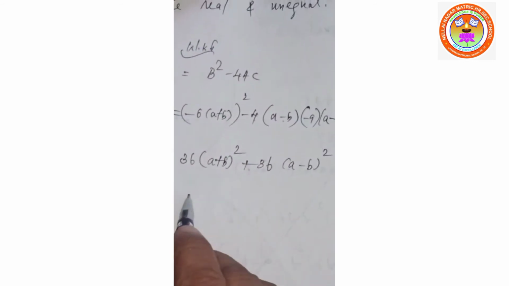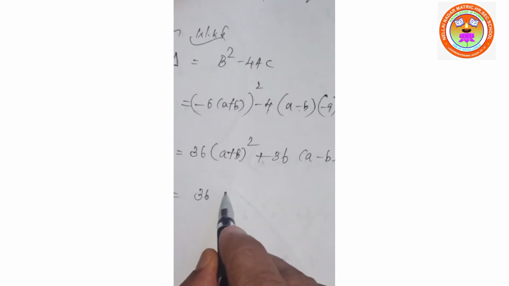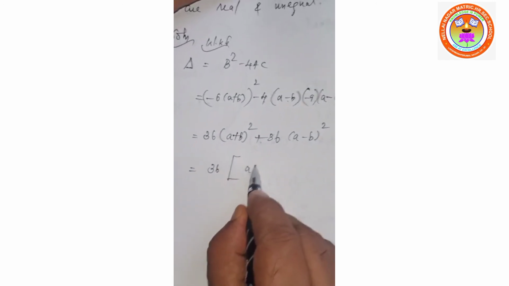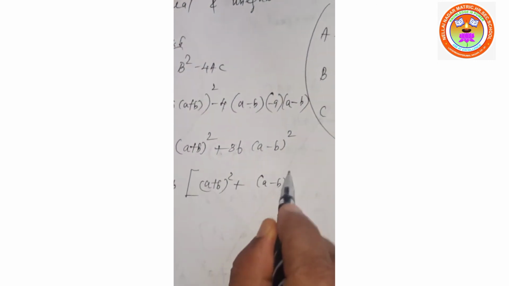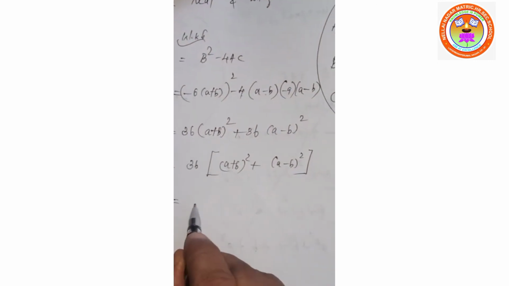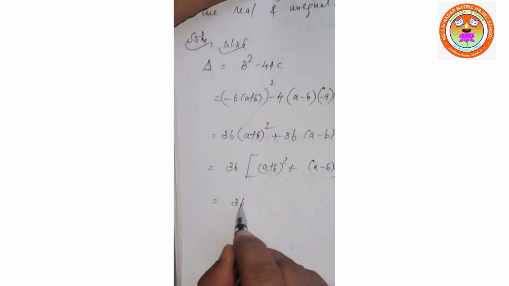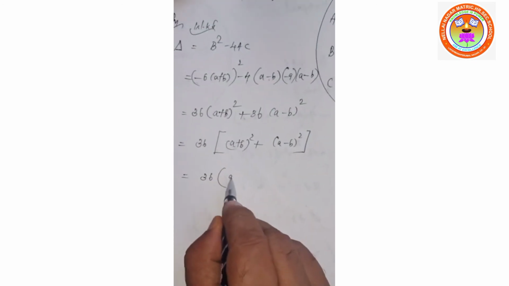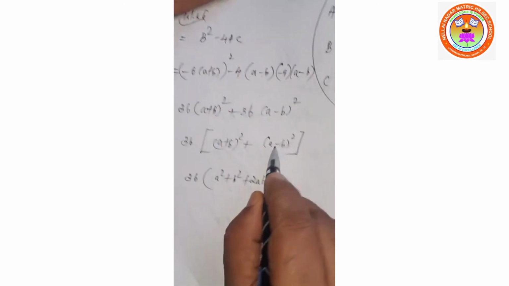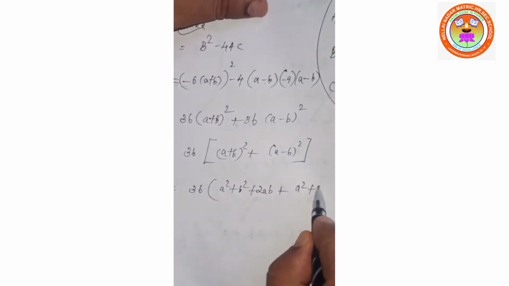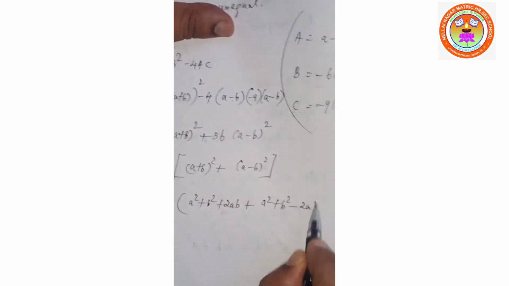Between these two you can take 36 as common. If you take 36 common, you'll be getting here a plus b the whole square, here a minus b the whole square. That is equal to 36 into, you know the formula for a plus b whole square, a square plus b square plus 2ab. And a minus b whole square formula, a square plus b square minus 2ab.